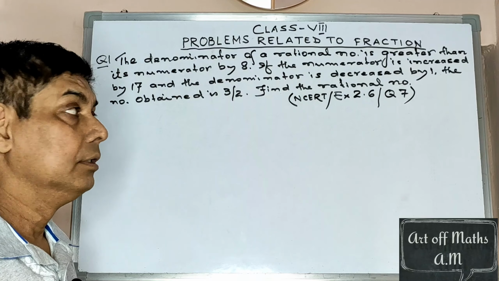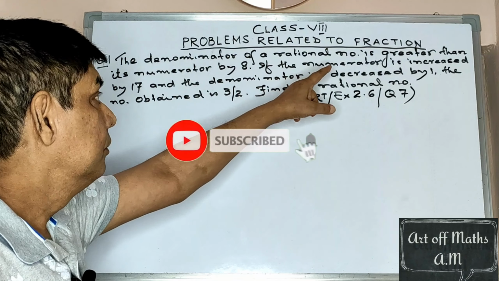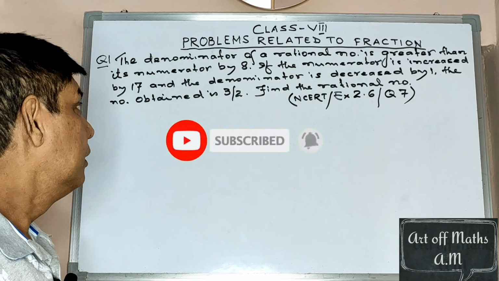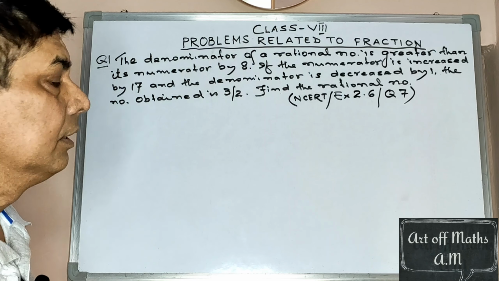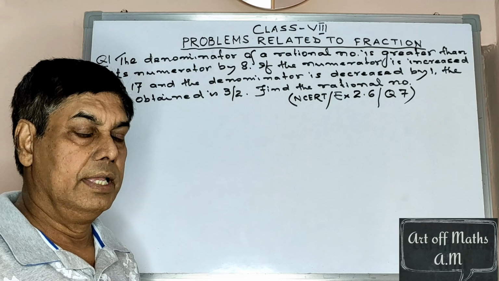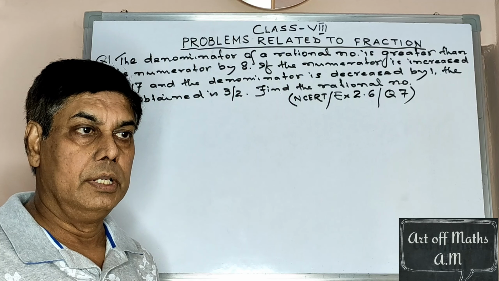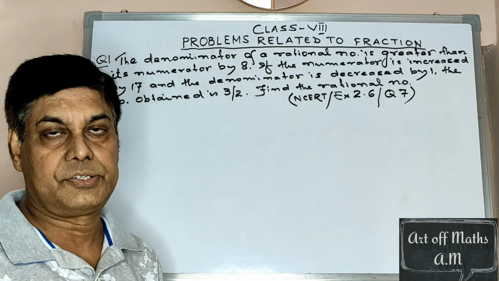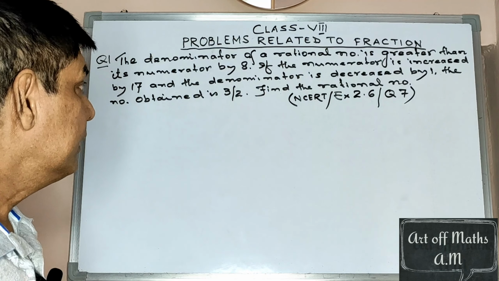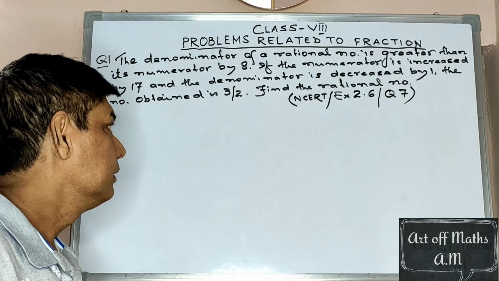With a new topic that is related to fraction. Now, there is a question from NCERT, but before that, I want to explain the difference between rational number and fraction. Now, what is rational number and what is fraction?